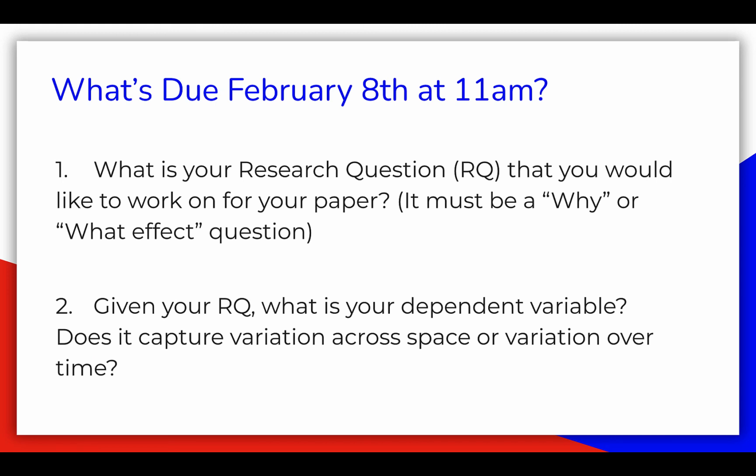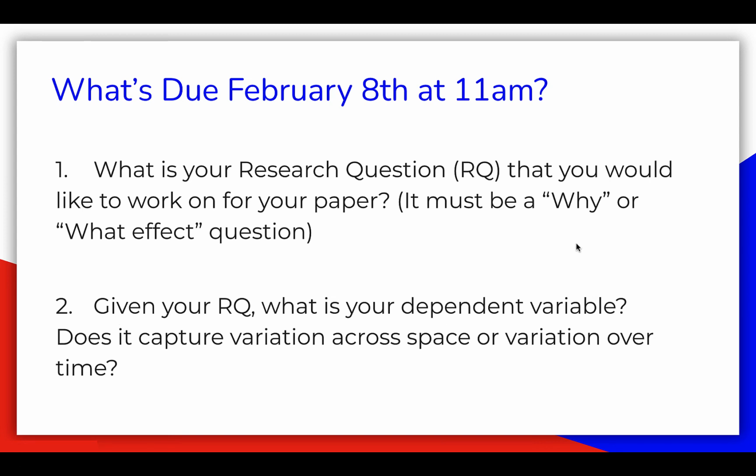So again, let's revisit the guidelines from before. What is your research question that you would like to work on for your paper here? It must be either a why question or a what effect question. The second one is, given your research question, what is your dependent variable?